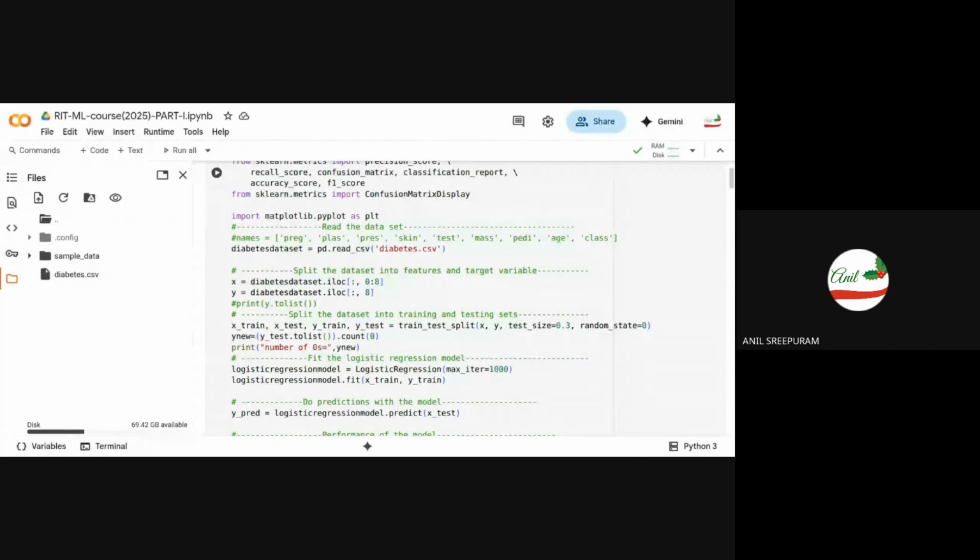That is your output value. The output values are in Y, and the input parameters or features are in the data frame X.